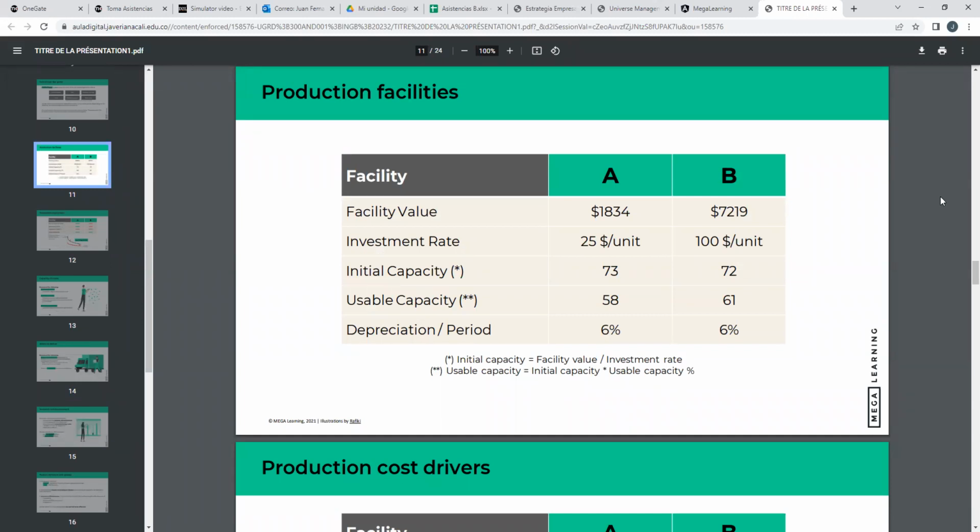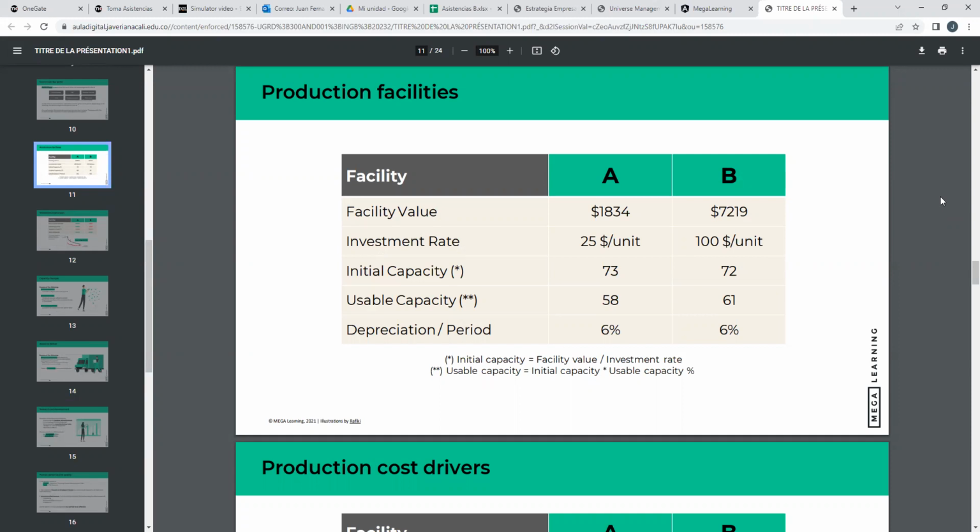Yes, you have one company, I'm explaining to the yellow company, and you have two factories, A and B. If you want to increase the size of factory A, this is going to cost you $25 per unit. So if you put $25 today, this is going to be reflected in the next round, where you are going to be able to produce one more unit.